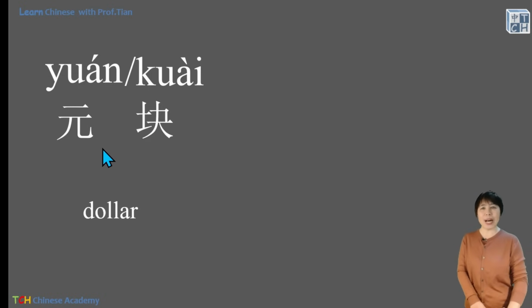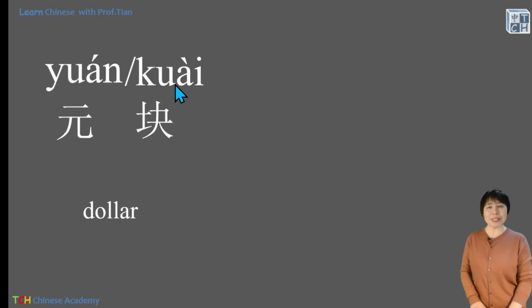The pronunciation is the same as maybe another word you have learned, which means fast. Yes, that's the same pinyin, but the Hanzi is not the same. Don't get confused. If you are learning both pinyin and Hanzi, you might see the difference here. So anyway, kuai.